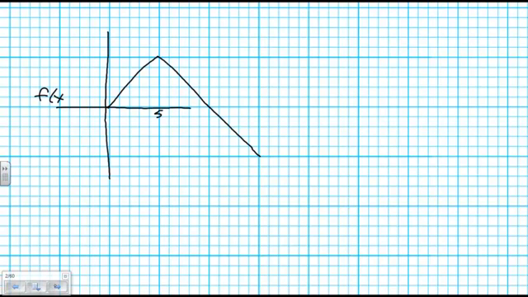This is 5, this is 10, this is 15. If I went over to here, and said, draw me the curve from 0 to x of f of t dt.